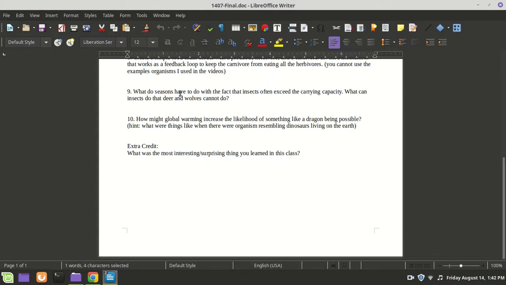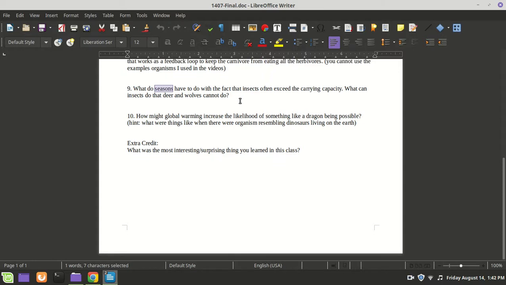And it has to do with, like, when it turns winter, it was fall and then winter hits. Think about what happens to the insects when they go beyond their carrying capacity. What happens? Well, and then something in nature having to do with seasons fixes the problem. All right. So let's see if you can figure it out. That can be a hard one.